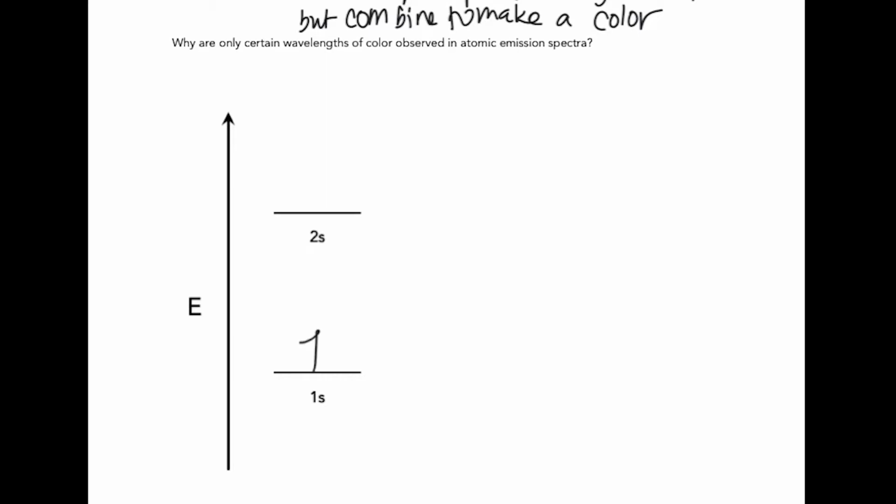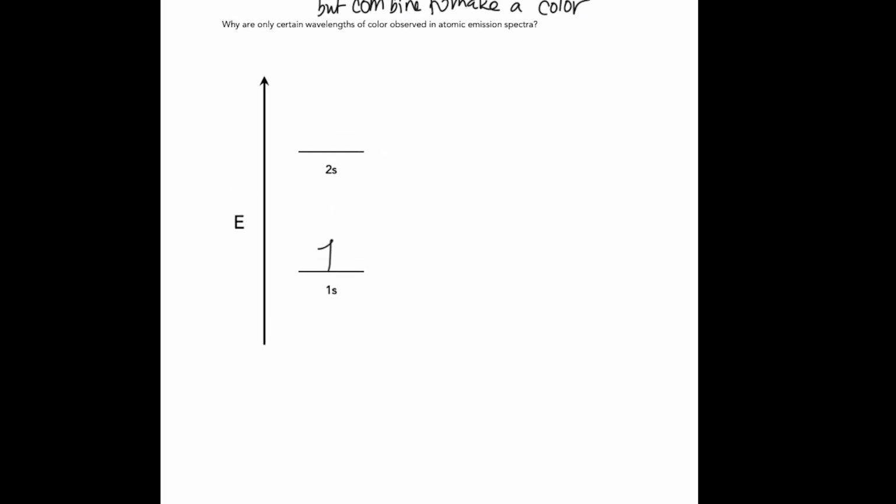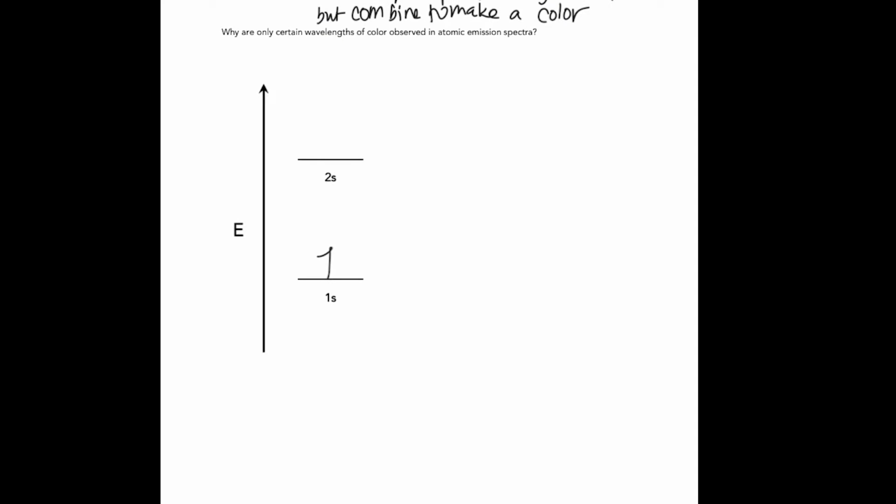Now, let's say that energy, either in the form of visible light or UV rays or some other wavelength, is shown on our hydrogen atom. And the energy of that incoming light just happens to be equal to the energy difference between the 1s orbital and the 2s orbital. When this happens, the electron absorbs a photon from the incoming light, and now it is at a higher energy than it was before.